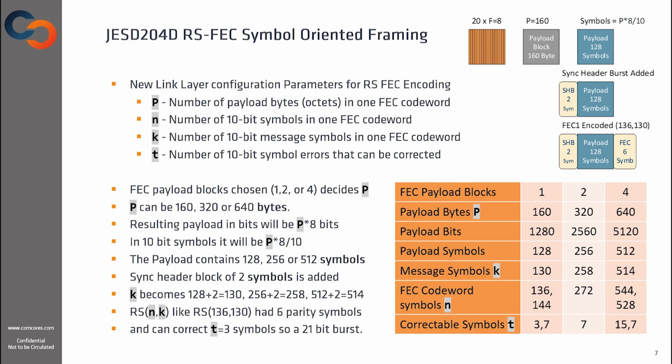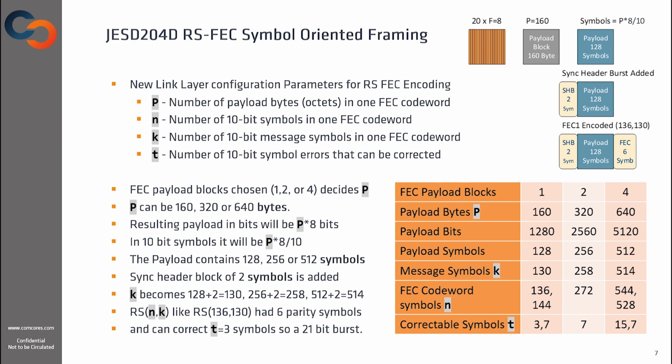The message is 130 symbols because the RS-FEC also encodes the additional 2 symbols that are prepended to the payload as the sync header burst. I will explain the purpose of these 2 symbols in a moment, but let's just assume this happens. So 128 symbols in the payload becomes 130 symbols, 256 become 258, and 512 become 514 for the message.